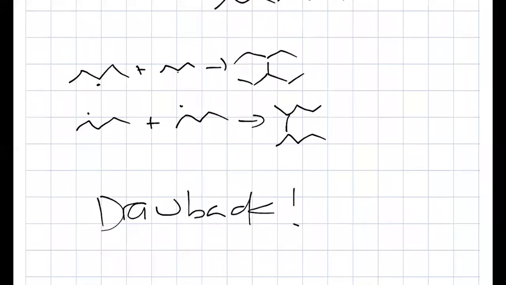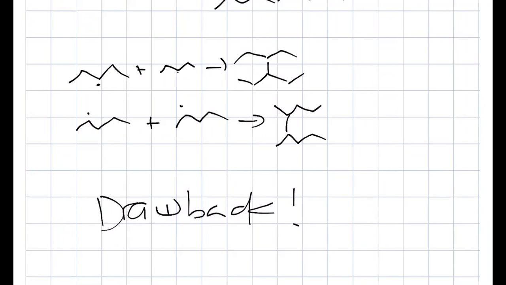It's a drawback because you get a whole bunch of different stuff that you hadn't intended, right? And there's really no way to stop it. That's why it's called a radical chain reaction. Once it starts, it's like it's done. There's nothing you can do to really control the product outcomes.